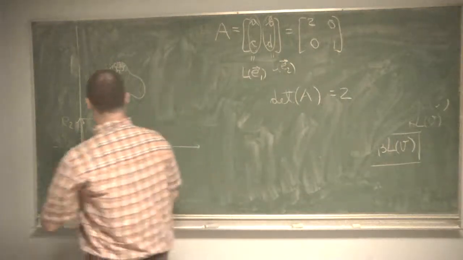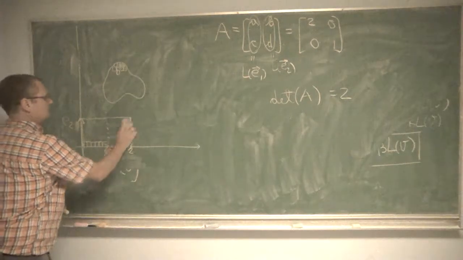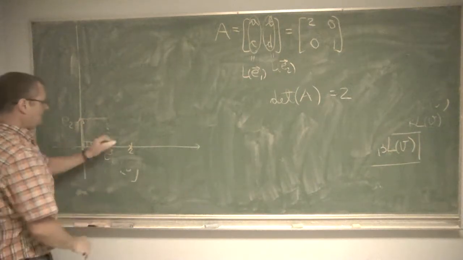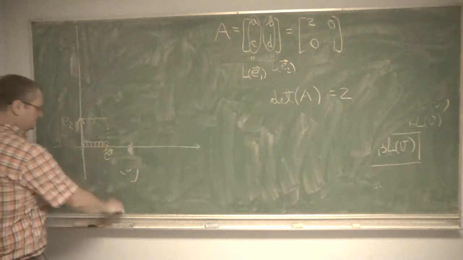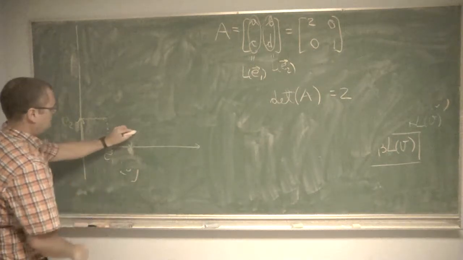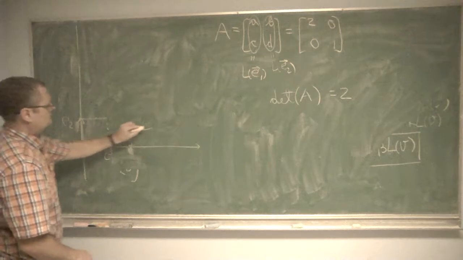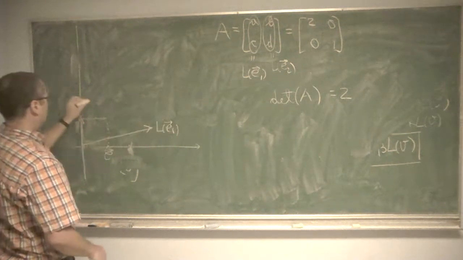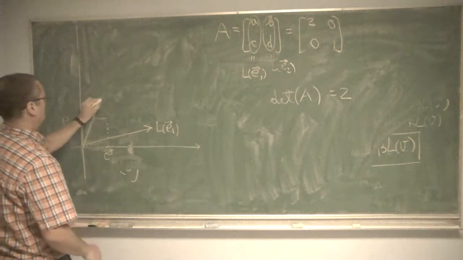It suffices to see where the unit square gets mapped, so suppose I have here that E1 gets mapped somewhere here. So this is L of E1 and L of E2. So this is my L of E2.